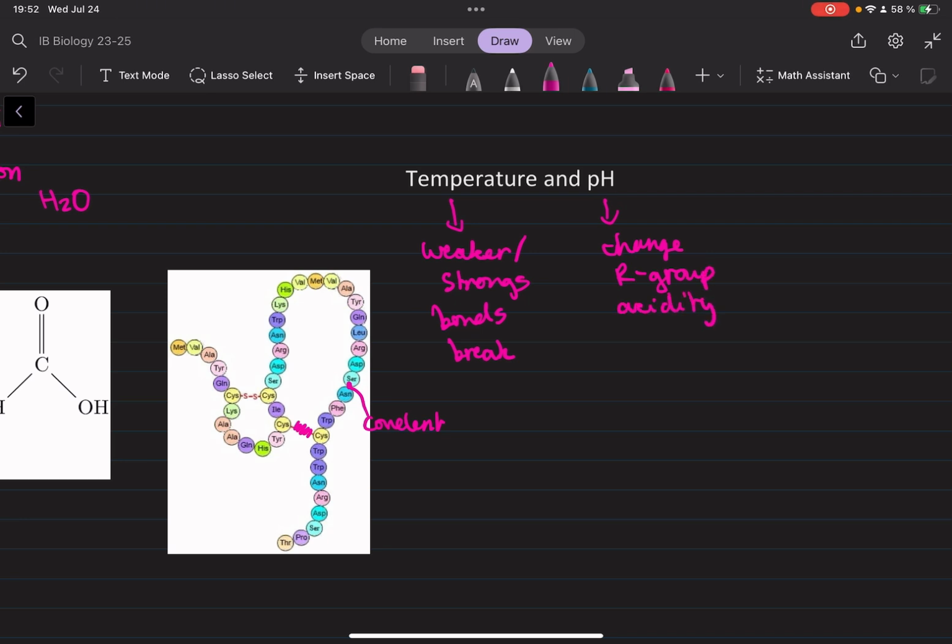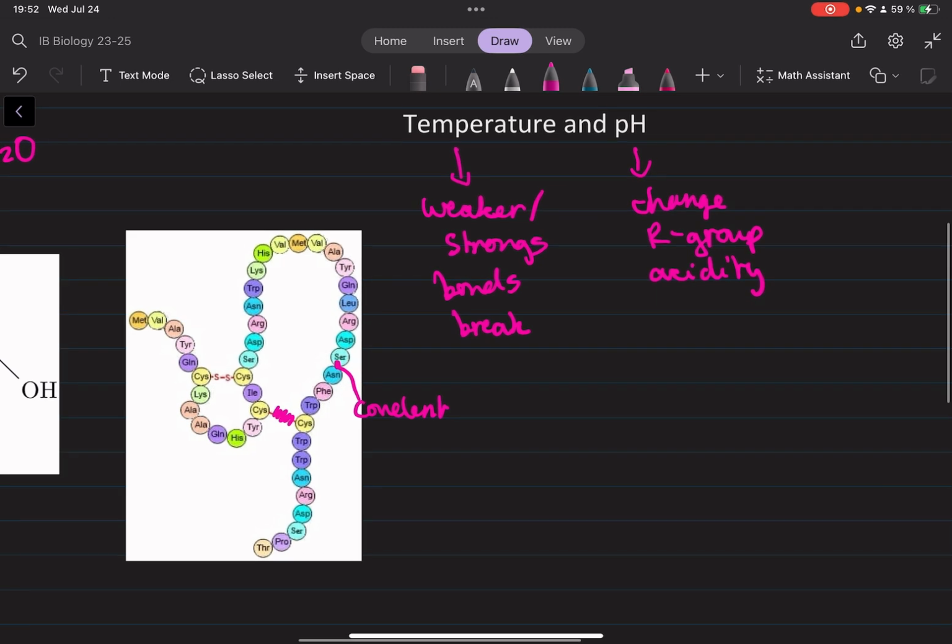Essentially, as we said before, the R group is what gives the protein its functionality and also its structure. So when you increase the temperature and change the pH, that all causes the protein to lose its shape, and therefore it becomes denatured.